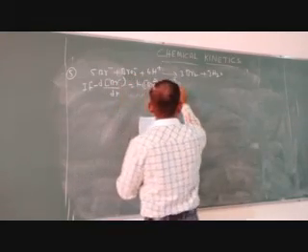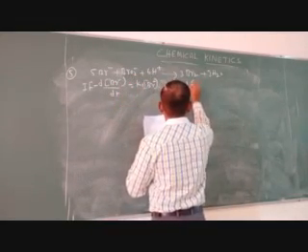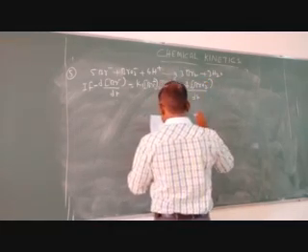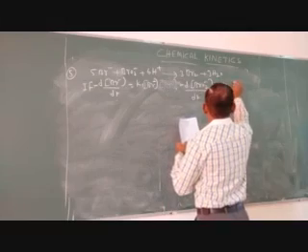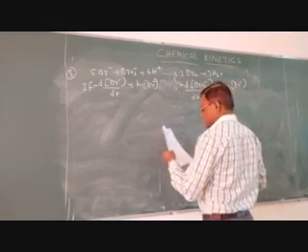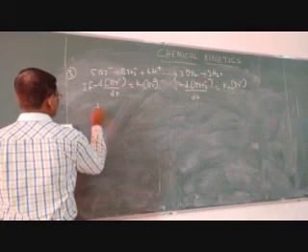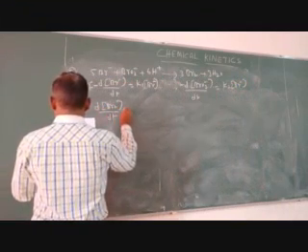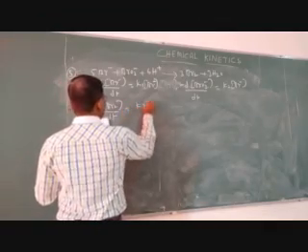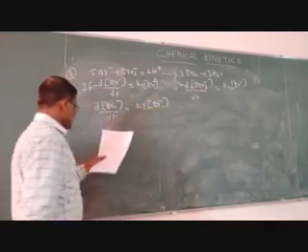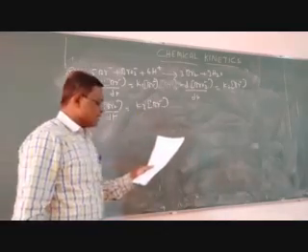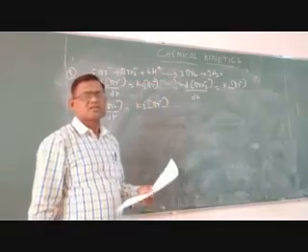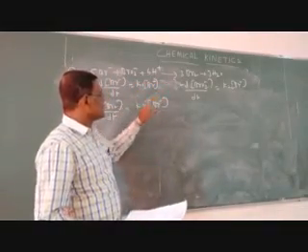Next, minus d[BrO3 minus] by dt is equal to K2 [Br minus]. Next, d[Br2] by dt is equal to K3 [Br minus]. Now it asks what is the relation between K1, K2 and K3?